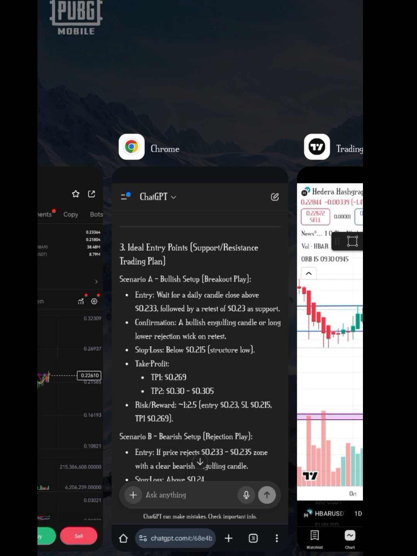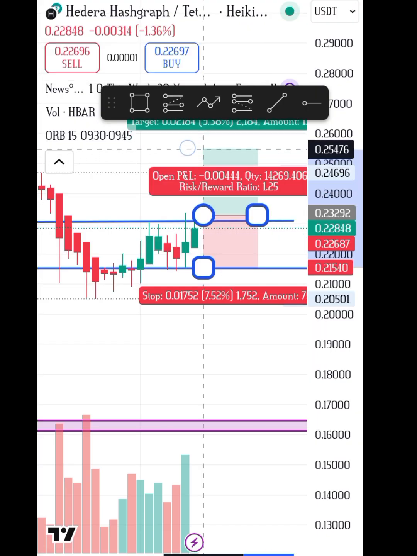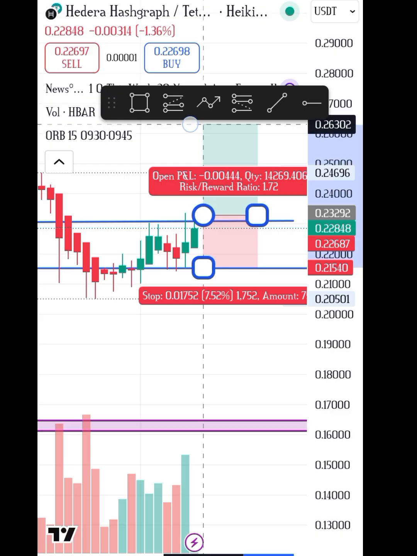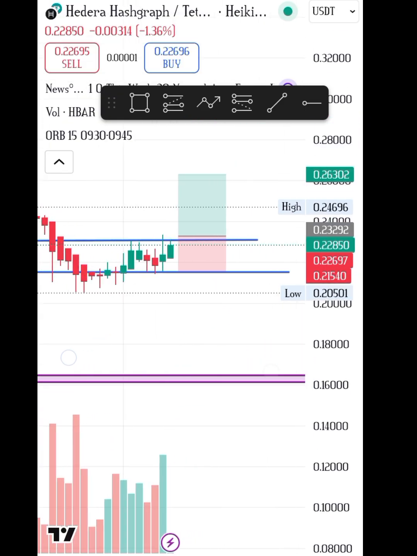So risk reward is 1 to 5, entry 0.23, SL 1.5, TP 0.0269. So I'm sorry, you have to set our TP to 0.26, right? So our entry will be here. So this is the buy setup from ChatGPT.